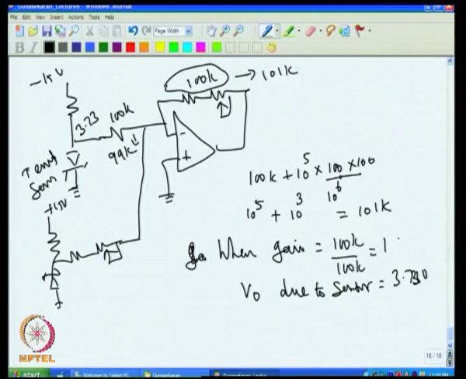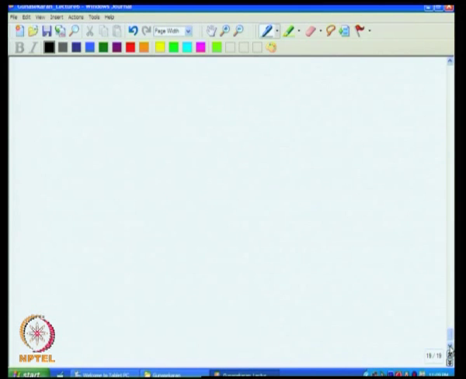At high temperature, the gain actually becomes 101 divided by 99, then V0 actually becomes 3.73 into 101 divided by 99.